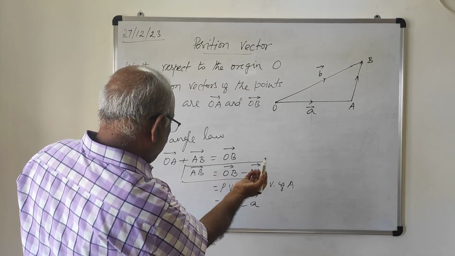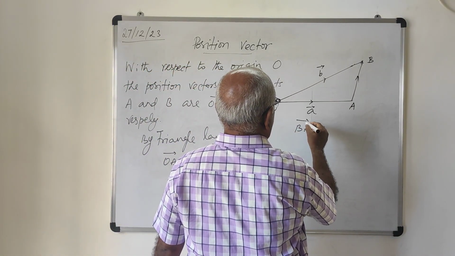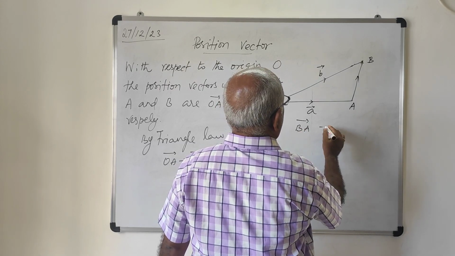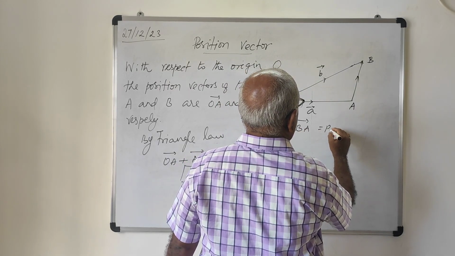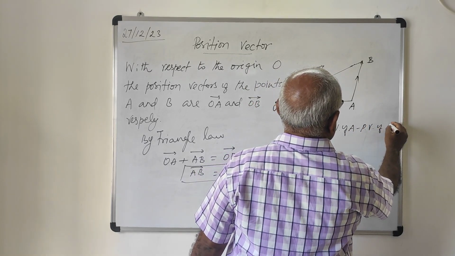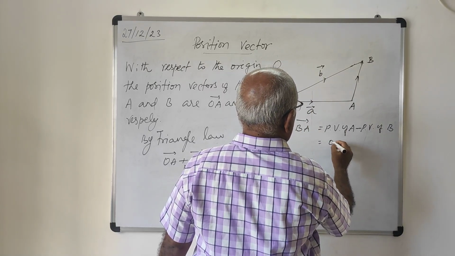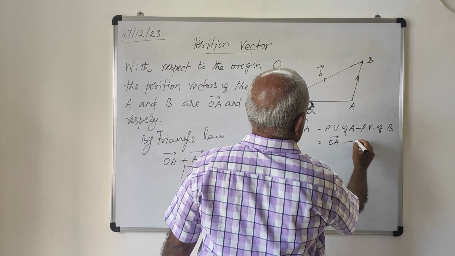Suppose, in the reverse direction, if you find vector BA, it is position vector of A minus position vector of B. Position vector of A is OA, minus OB.